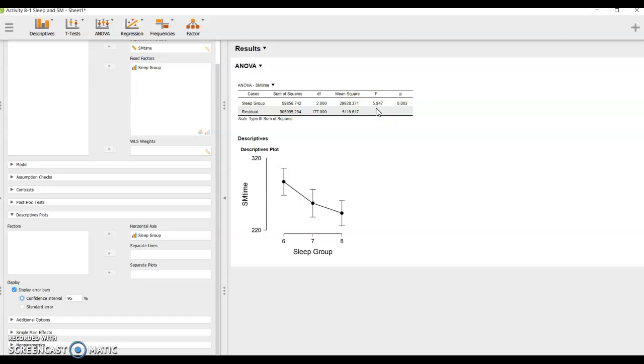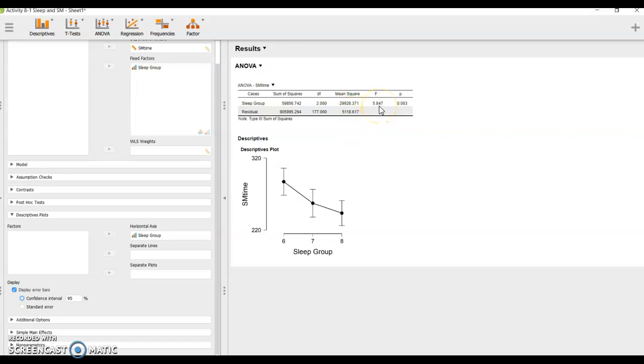And if in fact the null were true, right, and there was really no difference between the means, you would expect an F of about 1, because we're taking the ratio of between-treatment to within-treatment variability, and we would expect those two values to be about the same if the treatment doesn't work at all. We expect an F bigger than 1 if the treatment does have an effect. Okay?